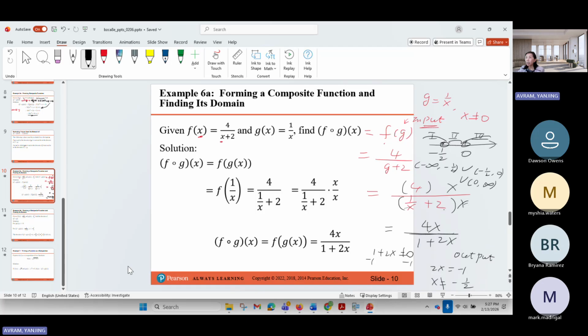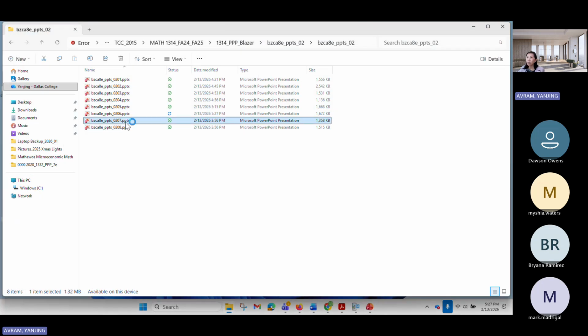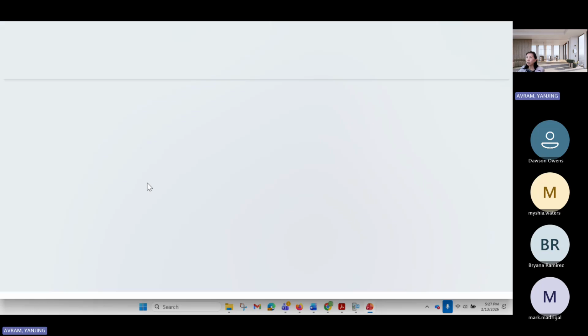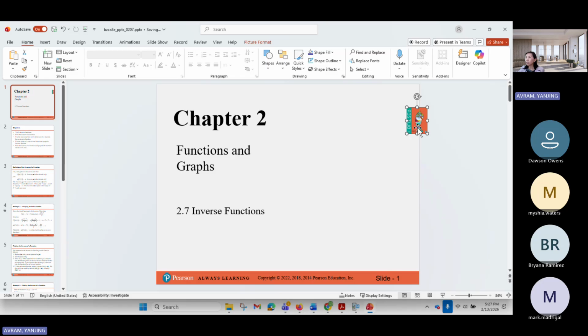I think we covered a lot today, pretty much the 6th section. Let me just see what the last section is. It's the inverse function, which is another big concept, so I'm going to stop here and save it for next week.